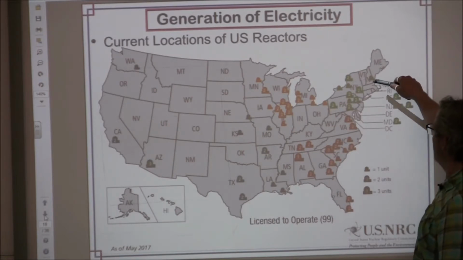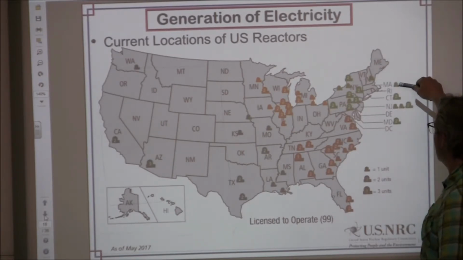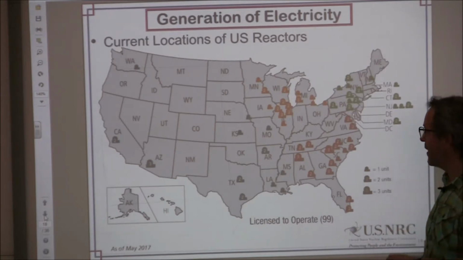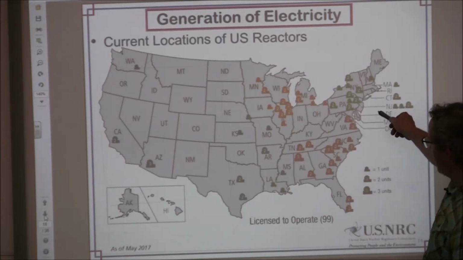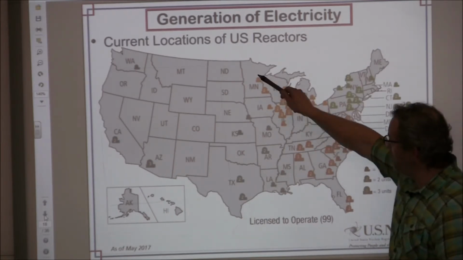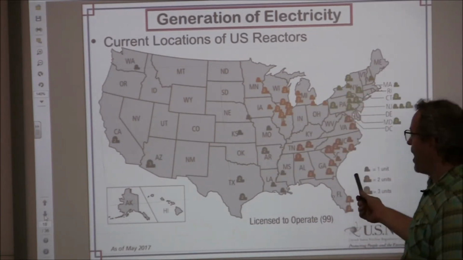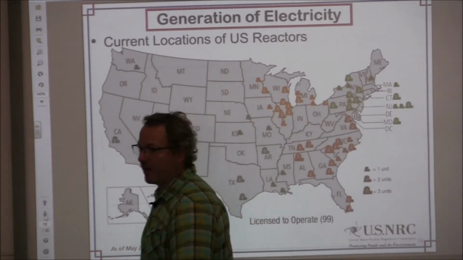We only have one in New Hampshire. I think there is only one left in Massachusetts, although that's probably going to be 0 pretty soon. In Connecticut, we have 2, and that's it. Okay? If you notice, down south they have a fair number of them, a few in the West, and in the Midwest we have a fair amount of them. Population centers, right? Focus where the population is.